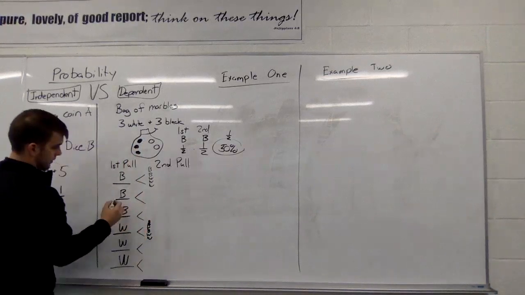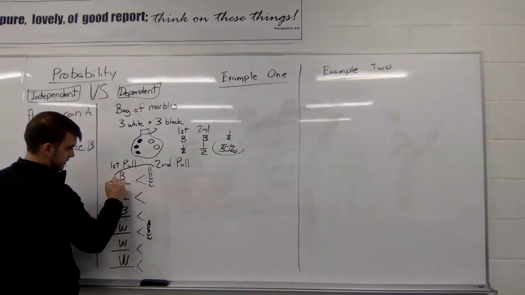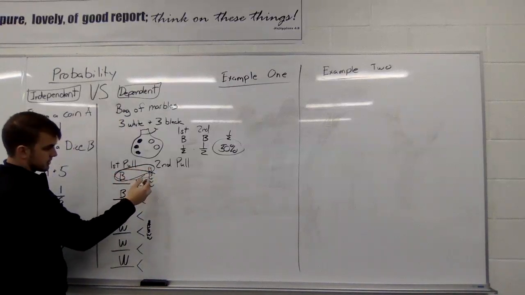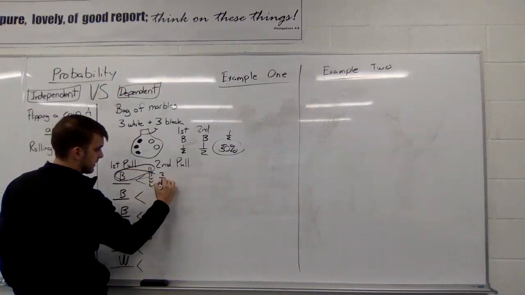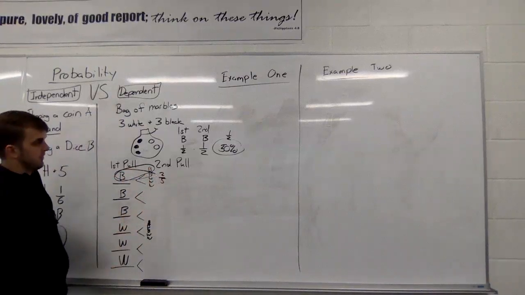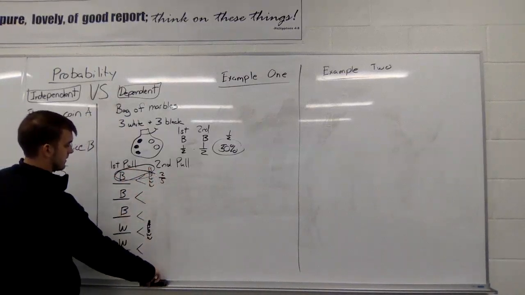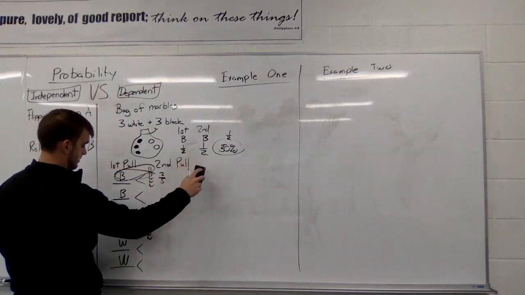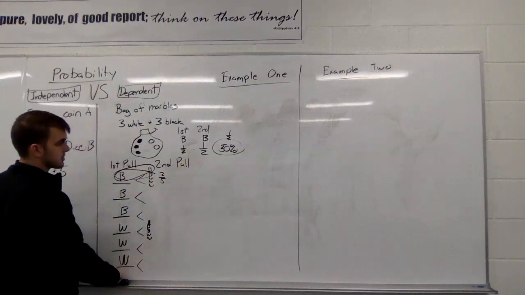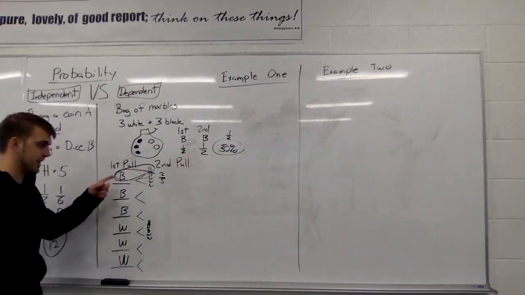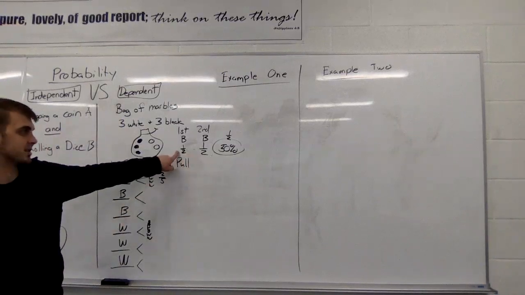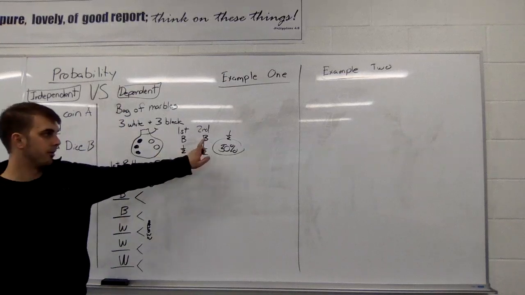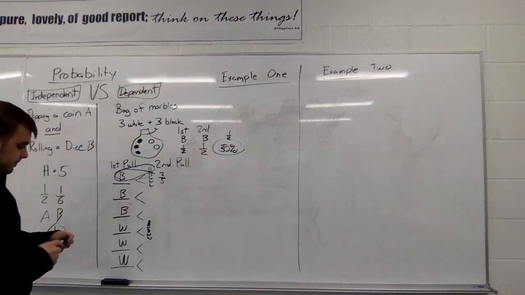And then if you would go through and circle all the ones, so there's 2 out of 5, you would be able to figure out your percentage, whatever it is you're trying to figure out, but that takes a while. This is much faster. Take the probability of the first pull, probability of the second pull, and that will give you your probability.